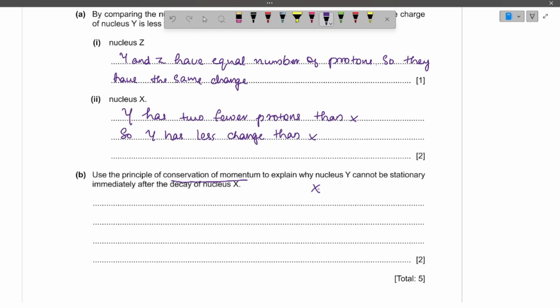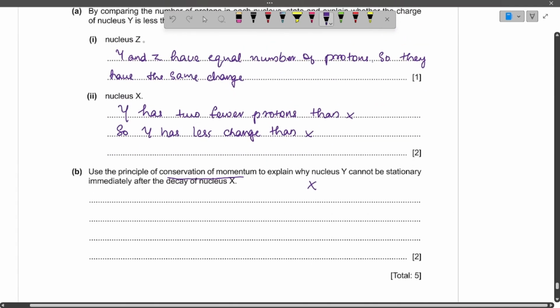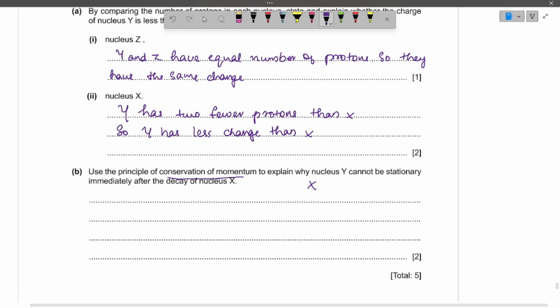So since nucleus X, which was stationary, has 0 momentum, after the decay the total momentum must also be 0. If the alpha particle is moving in one direction, Y has to move in the opposite direction to conserve the momentum. So the particle cannot be stationary.